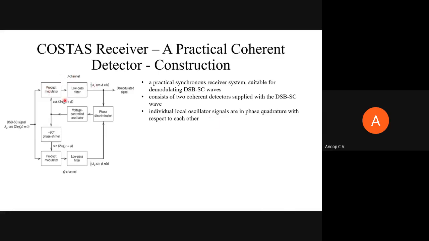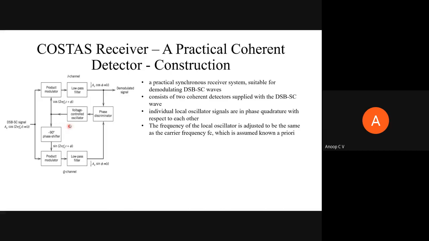So we have two coherent detectors, fed with local oscillator signals that are in phase quadrature with each other. One more thing to keep in mind is that the frequency of the local oscillators, fc, should be the same as the carrier frequency used at the transmitter end.